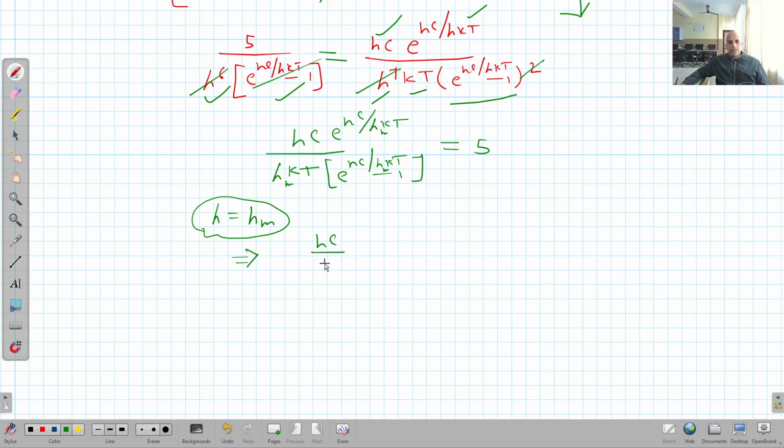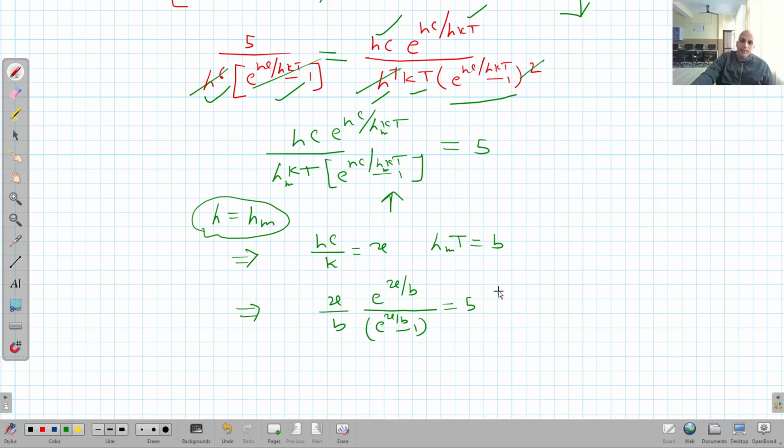Now I am going to put hc upon k equal to x and lambda m T equal to b in this equation. So what I will get is x upon b into e raised to power x upon b divided by e raised to power x upon b minus 1, that is equal to 5.